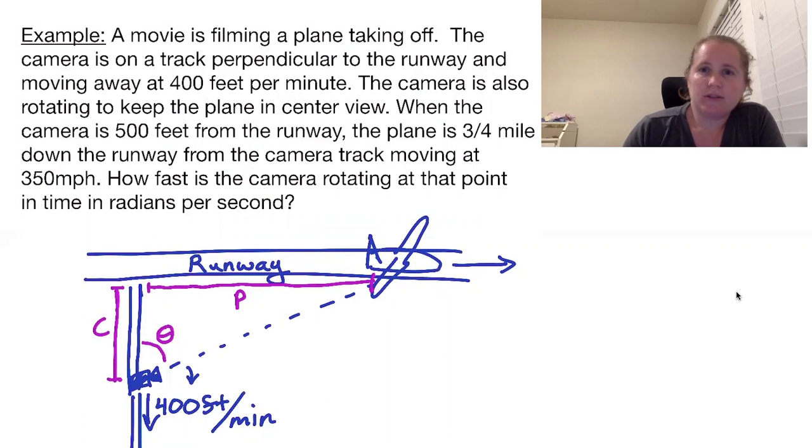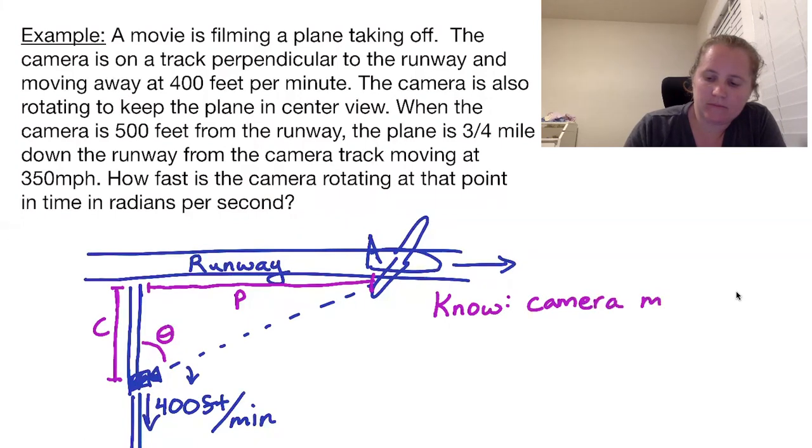If we jot down what we know and what we want to know. We know that the camera moves back at 400 feet per minute.